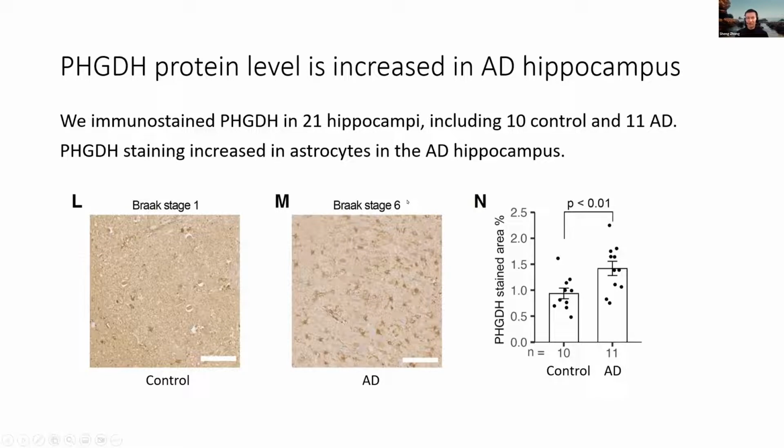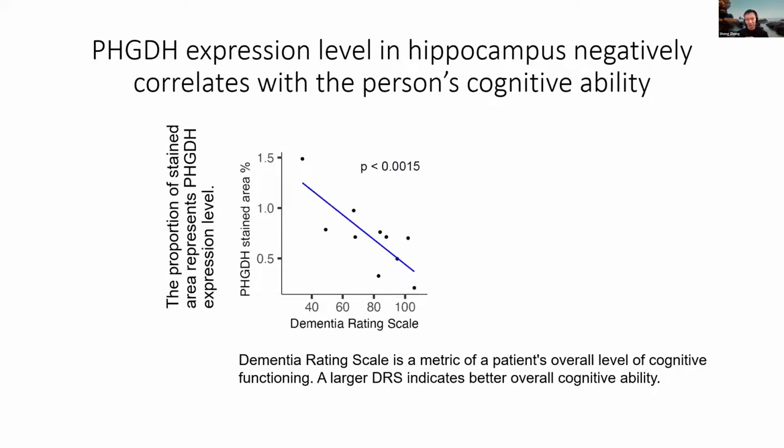And finally, there is an open challenge in the field: while this person is alive, right? That's most important, before you get the postmortem brain. Is there any molecule that you can measure that potentially correlates to this person's cognitive ability?